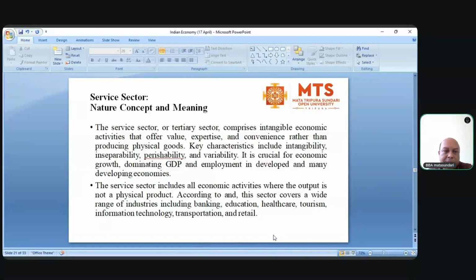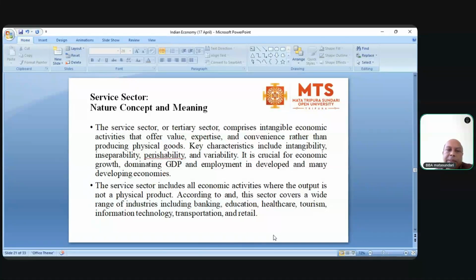It means we cannot see such services, but we can realize and identify the importance of those services provided by the service sector. Examples of service sectors are the education sector, health sector, telecommunication sector, banking sector, and hotel and restaurant sector. All fall under the service sector because they are providing service to common people.